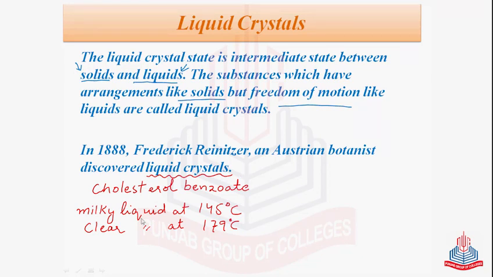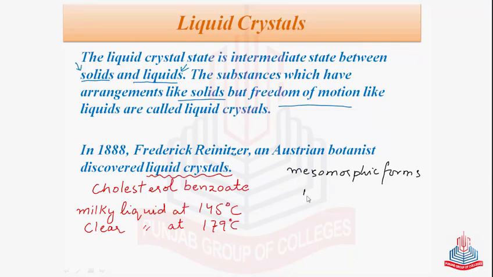Mesomorphic forms is another name for the liquid crystals. So, generally हम ये कहते हैं कि एक solid melt होता है तो clear liquid form करता है, लेकिन ऐसे solid crystals जो clear liquid बनाने से पहले एक turbid phase show कर रहे हैं.